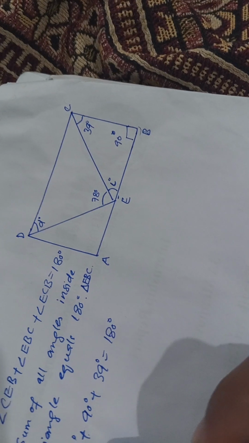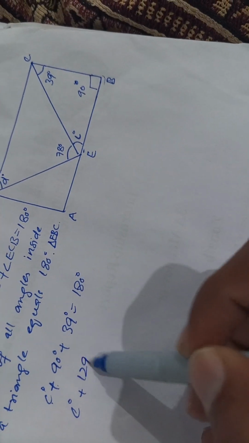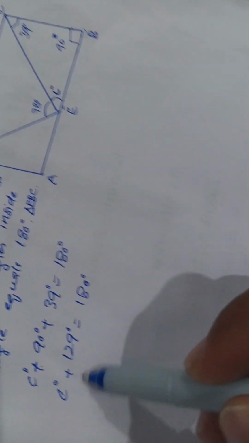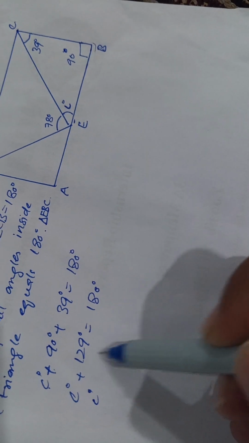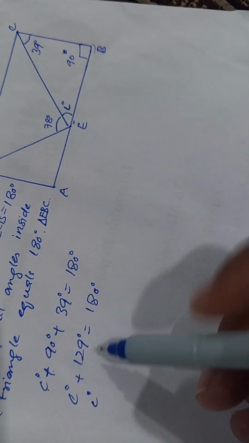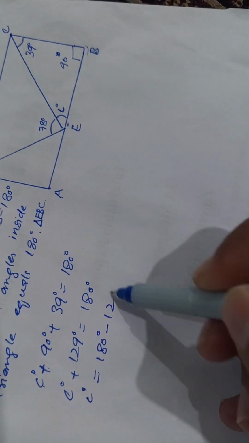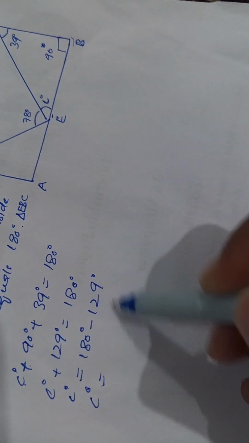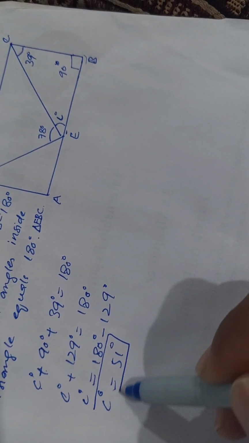So c degree plus 90 plus 39, which is 129 degree, equals 180 degree. Now the 129 is in positive terms; if we move it to the other side of the equation, it becomes negative. So c degree equals 180 degree minus 129 degree, which equals 51.